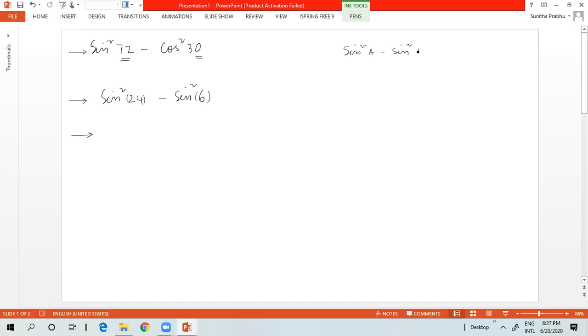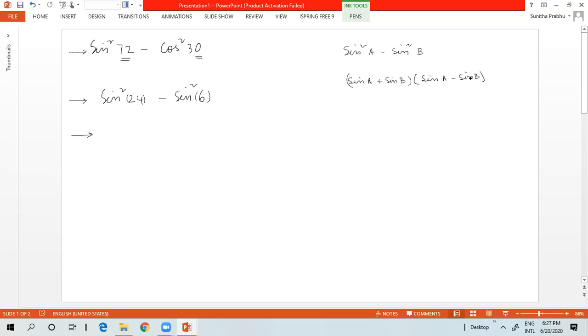It is sine A plus B into sine A minus B. So it will be sine A plus sine B into sine A minus sine B. Do you agree? Yes, sir.